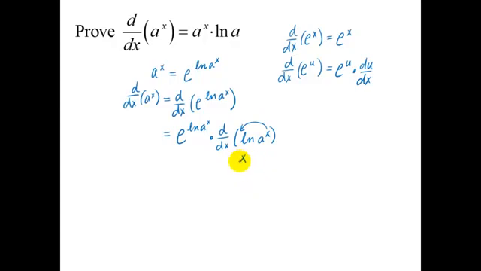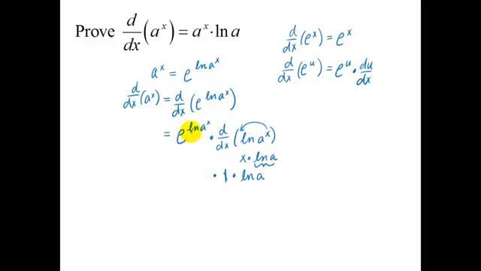So I'm going to rewrite that as x times the natural log of a. And the natural log of a is just a constant, just a number. So if we have the derivative of x times a number, the derivative of x is 1 times that constant. So this derivative turns into 1 times the natural log of a.